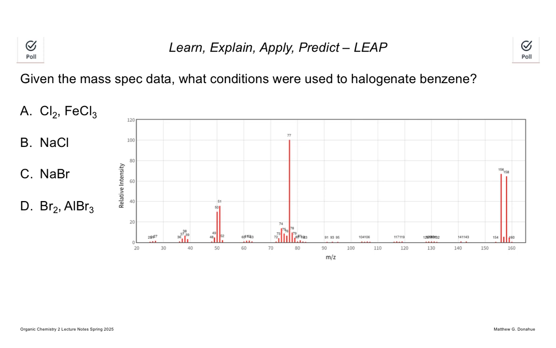So here you have some mass spec data, and some substitution of benzene has occurred, H for X. Remembering about mass spec and isotope patterns, what reagent conditions do you think were used? So maybe a little refresher here.